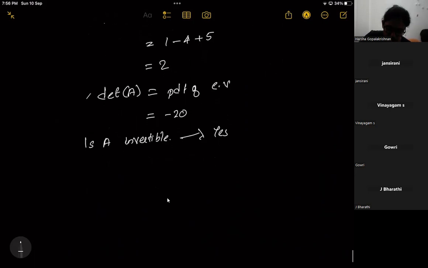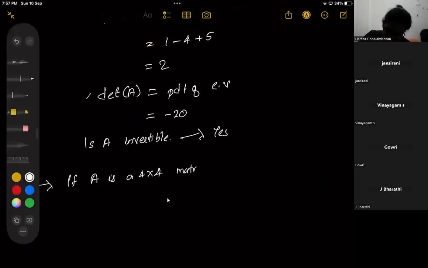Let me ask one more question. If A is a 4 by 4 singular matrix with the same eigenvalues 1, -4, and 5, then what is the trace of the matrix?